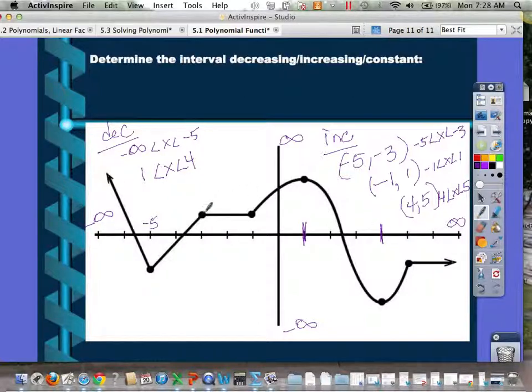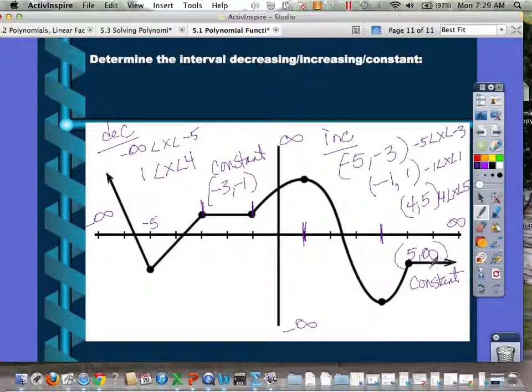And it would be constant between this part and this part. In other words, the slope is 0. So this would be between negative 3 and negative 1, constant. And also again over here, from 5 to infinity would be constant.